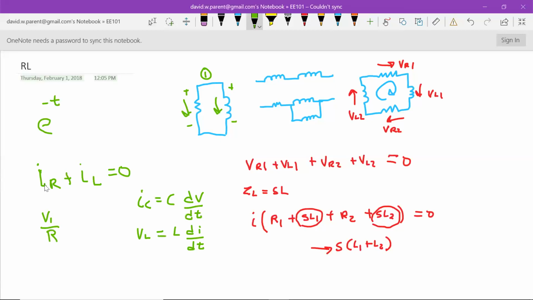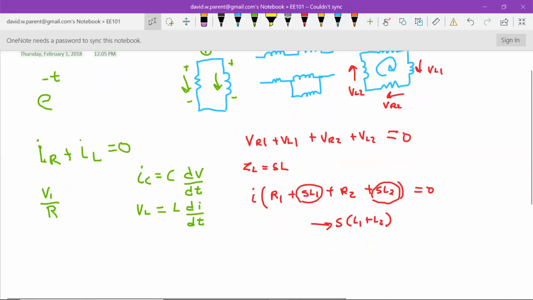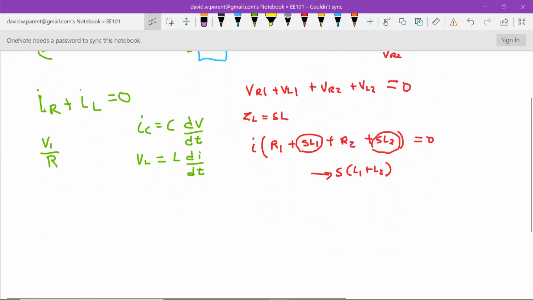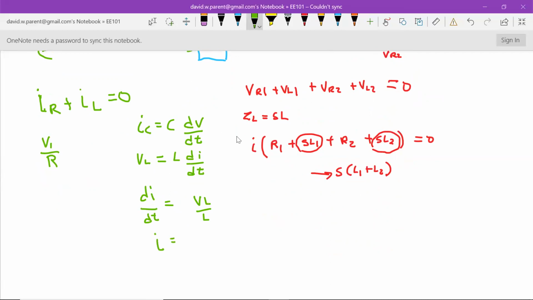All right. Now I'm just going to rearrange it. That means di/dt equals VL over L. That means I equals the integral.